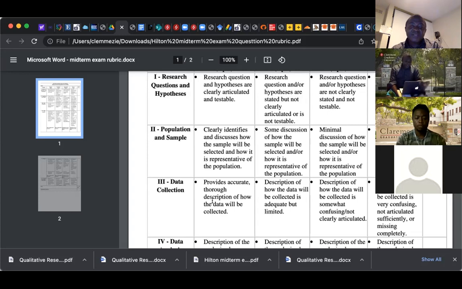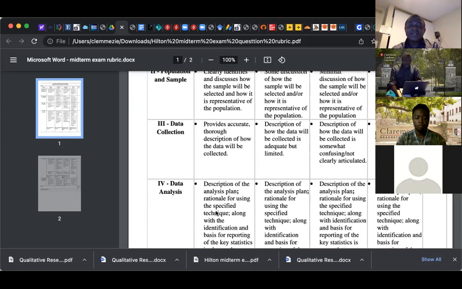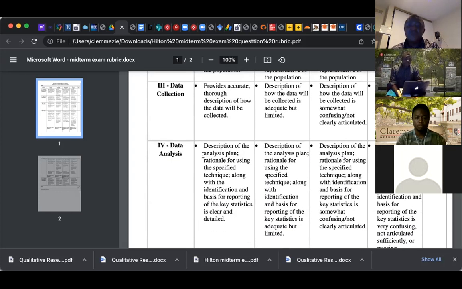So provide an accurate and thorough description of how the data will be collected. We mentioned the sample. You have to think about the population, the subjects, and how it is going to be surveyed. Of course, interview is out of place here, but sometimes they can collect a little qualitative data. Maybe you want to do a triangulation of the study, to understand a little of what people are saying.